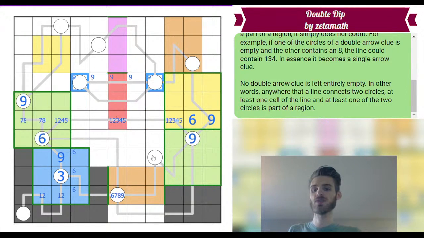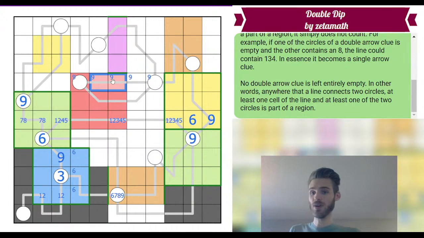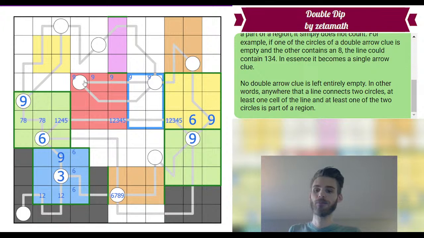So red takes one of these cells. In fact, if red came over, no, sorry. If red came over here, it also couldn't take a 9 on the line, because that would mean that both of these would need to be in, but only one could be, because again, something can't squeeze down here. But that doesn't mean red can't come to here.